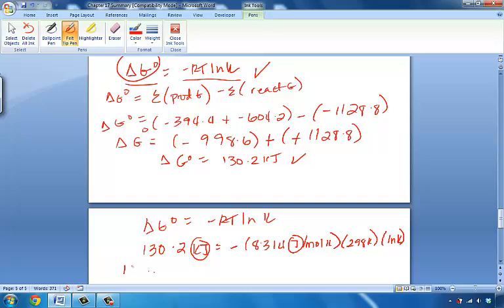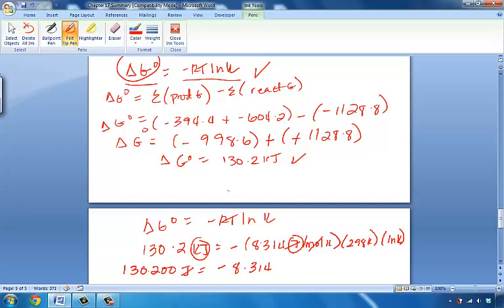It's easy enough to make this 130,200 by multiplying by 1,000, making that joules. We're going to get rid of the units anyway, but we still need to make sure the units match, and it's easier to multiply by 1,000 on that side and make it joules. So the joules and joules cancel out.